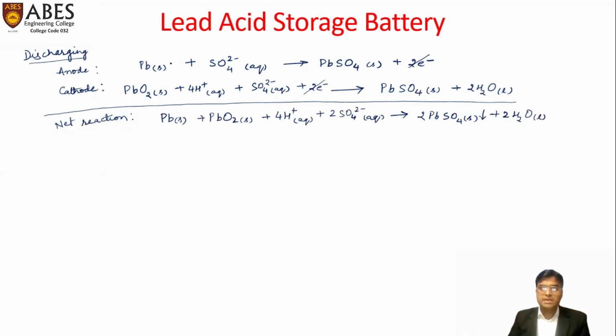Because these reactions are spontaneous, lead acid storage battery is undergoing discharging, so it releases some amount of energy. And because chemical energy is converted to the electrical energy, here it works as electrochemical cell.